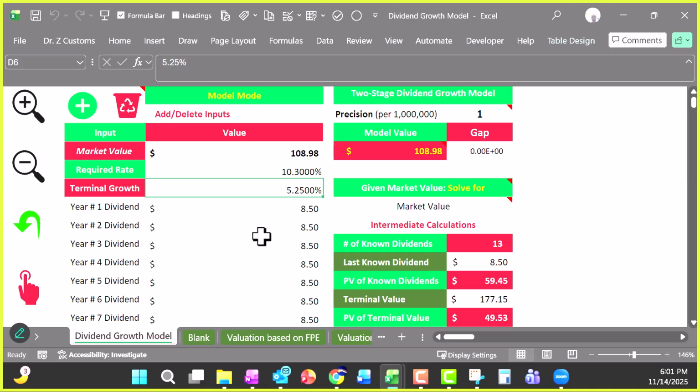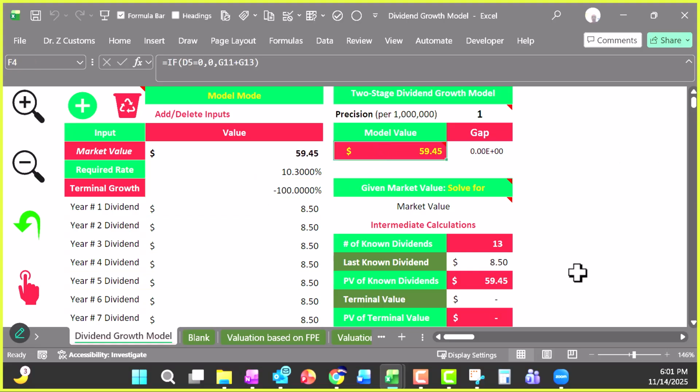Minus 100%. So if dividend suddenly goes to zero, terminal growth rate is negative 100%. Just read off the value, which is going to be the same thing as on this output, present value of known dividends. That's going to be the value of the company.